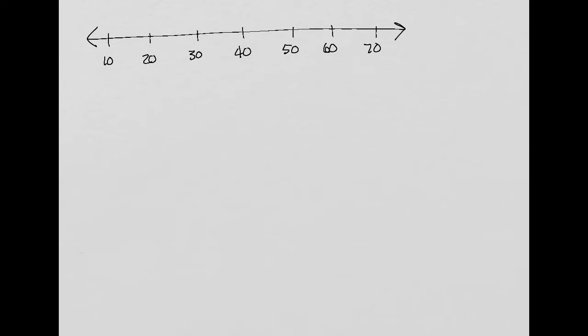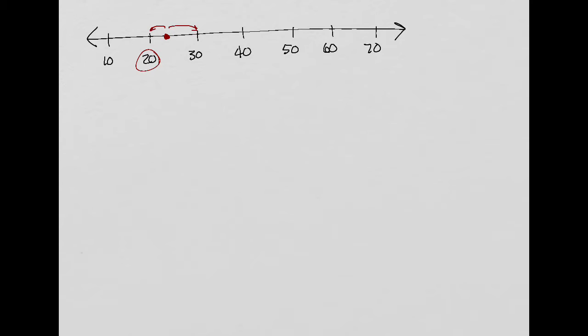So if I had a number, doesn't matter what it is, that's right here, and I wanted to round that number to the nearest 10, what that means is which of these 2 numbers is it closest to. So it's closest to the 20, so it would round down to 20.